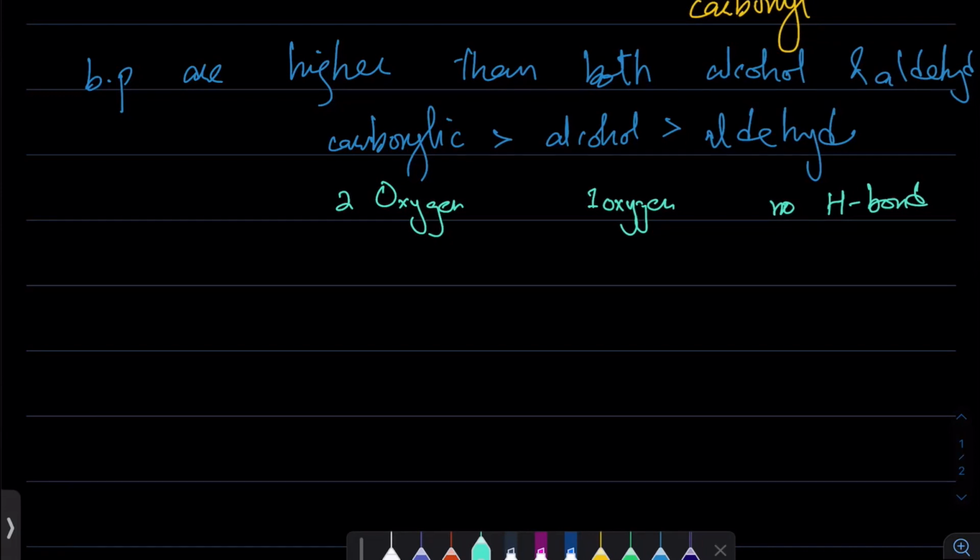Question: will a dicarboxylic acid or a dioic acid be more soluble than a single COOH group? If there are two COOH groups, it will form hydrogen bonds from two sides, which means it is more soluble.